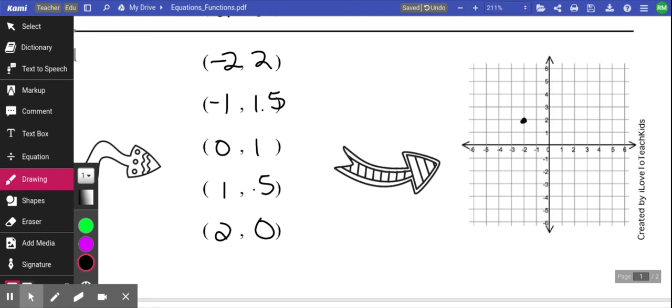So that'll be here. But in the next one, negative 1, we're going to go over to negative 1 and then just up to 1.5. 1 and 1/2. So that's in between the 1 and the 2. So somewhere like here. Okay. (0, 1) would be here. If I go over 1 and up 1/2, it's going to be in between the 0 and the 1. And then (2, 0). That's what your graph should look like.